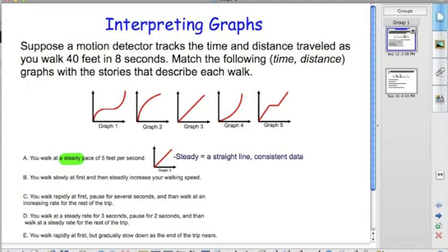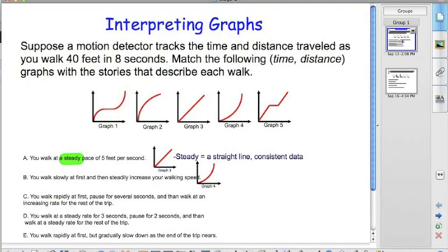And then you increase your walking speed. So there should be a piece of the line that quickly curves upwards. So I think our option here is graph 4. So if we take a look at graph 4, we can see that there is that really great example of walking slowly at first, which is the bottom piece of that line, and then increasing speed.